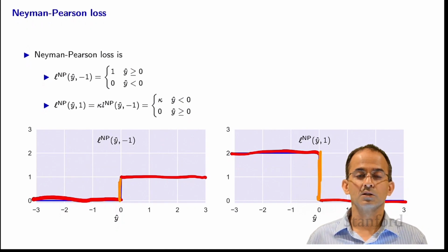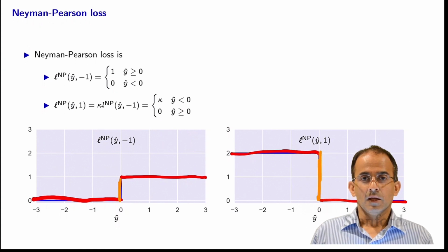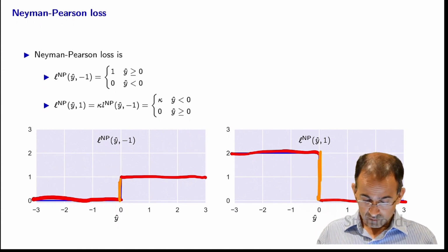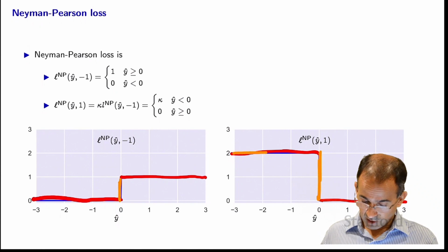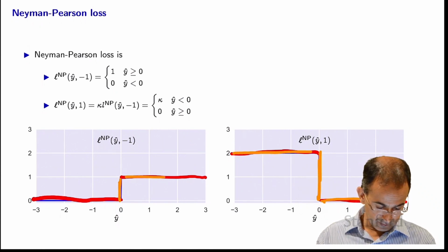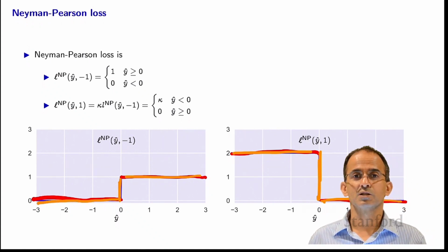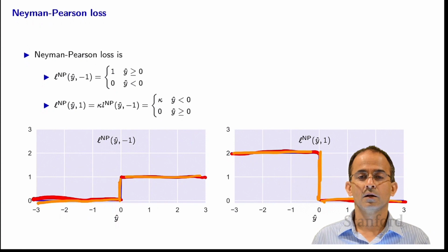And those discontinuities make many algorithms for solving empirical risk minimization not work well. The other is that the derivative is 0 everywhere else. And that's another feature that makes empirical risk minimization algorithms not work well.